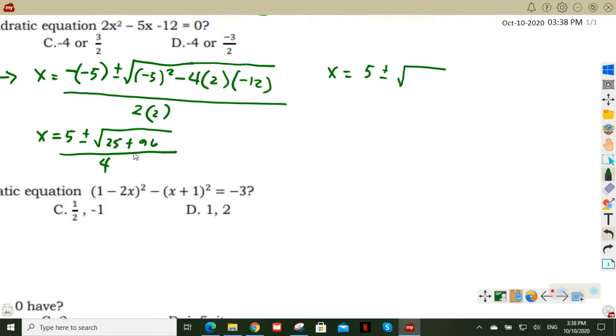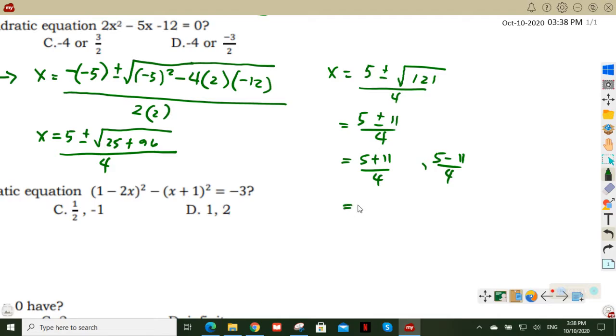So I will have now x is equal to 5 plus minus the square root of 25 plus 96 is 121, all over 4. Now is 121 a perfect square? It is, and that is 11. So 5 plus minus 11 over 4. Now I will have 5 plus 11 over 4, and 5 minus 11 over 4.